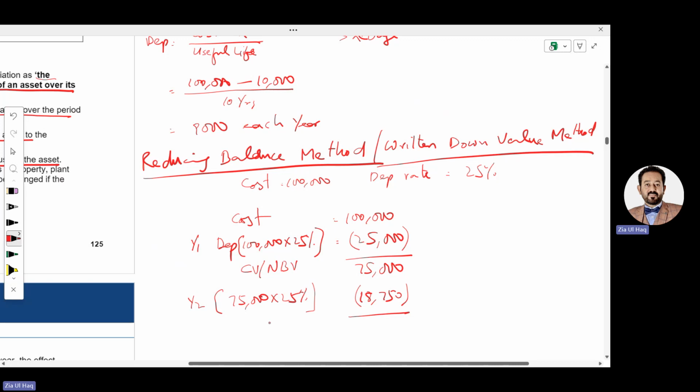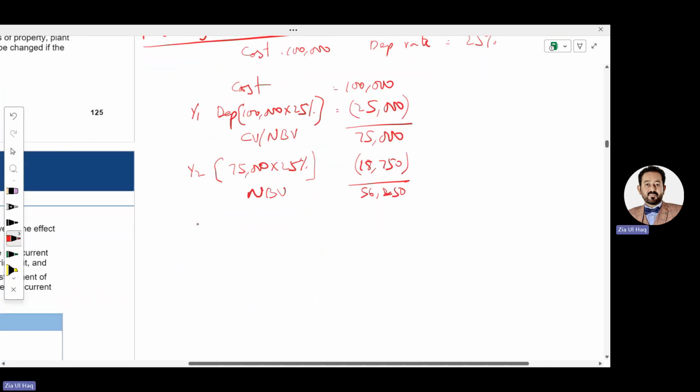What is the net book value after year 2? 56,250. And for year 3, we will charge depreciation on 56,250, meaning the carrying value of last year, times 25%.